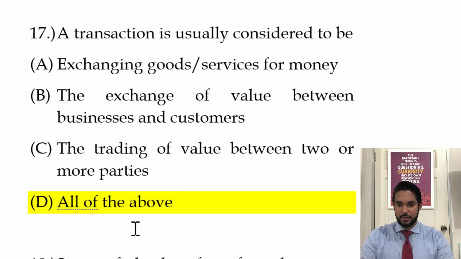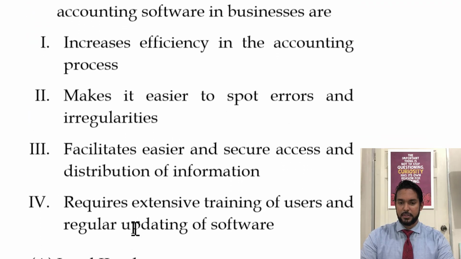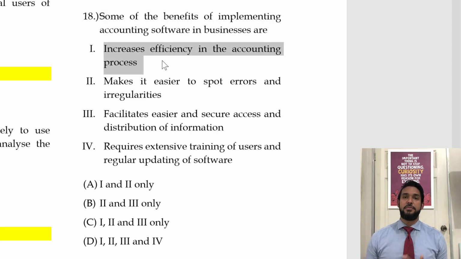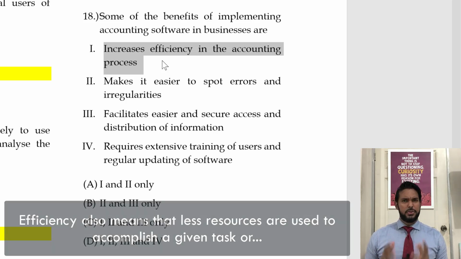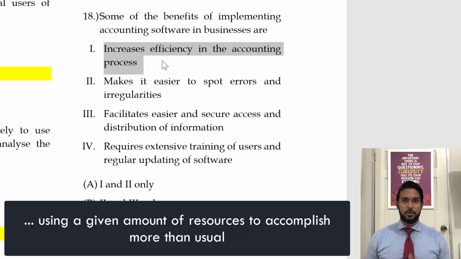All right, let's take a look at number 18. So some of the benefits of implementing accounting software in businesses are, they brought this question a few times. So it increases efficiency in the accounting process. To increase efficiency means it happens faster. So think about it. What is faster? Writing something down in a book, having to open the book, find the page, or going in your computer, pulling up a file and typing in an entry.